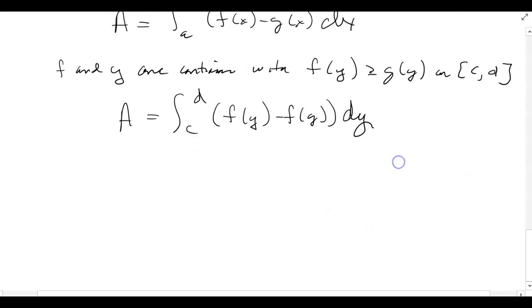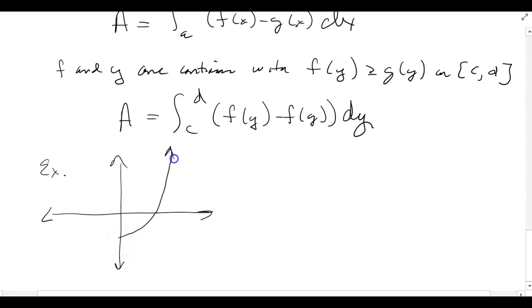For example, if you had y equals x squared minus 2, which is a parabola down here, right? And then the line y equals x.